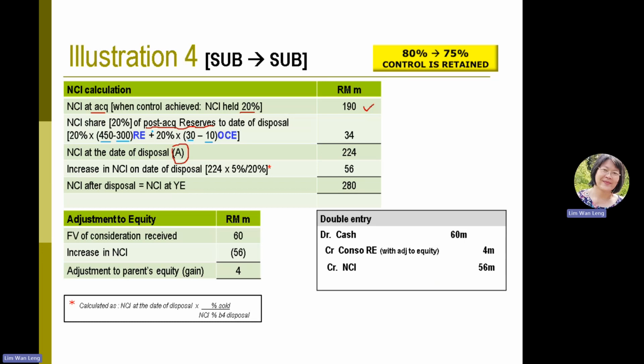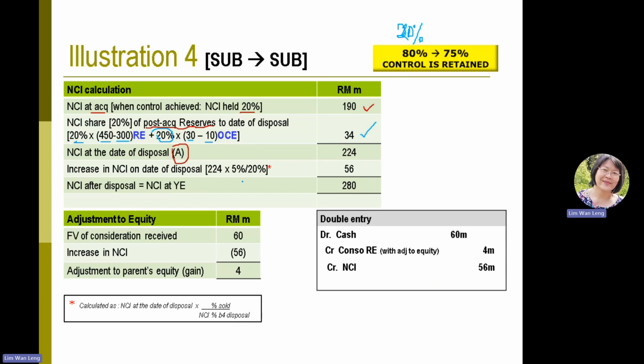At this point in time, NCI percentage is still at the original 20%. Okay, so you take 20% of that, you will arrive at 34. So when you arrive at 34, what does it mean?